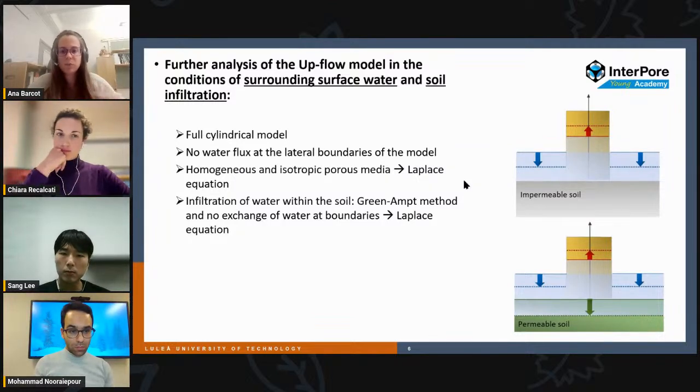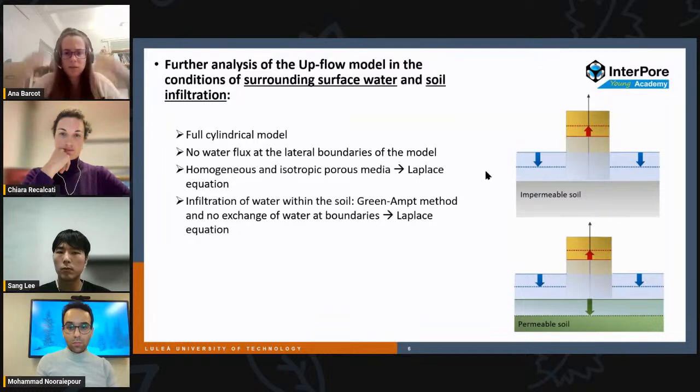However, here, as I said, we consider a full cylindrical model, and with the same conditions, we assume that there is no swelling, no deforming, no water flux at the lateral boundaries of the model. Very simple. We also consider, of course, that we have homogeneous and isotropic porous media, which was also in the previous studies. And for the description of the flow, we come to the Laplace equation.